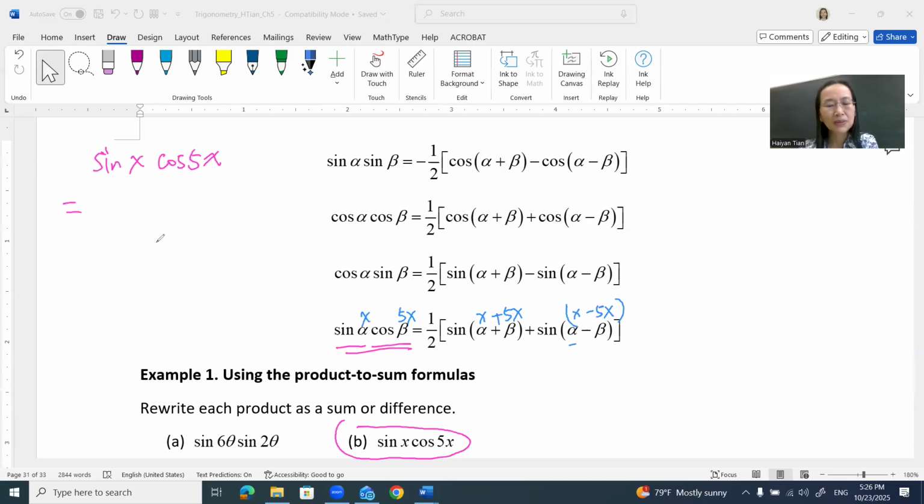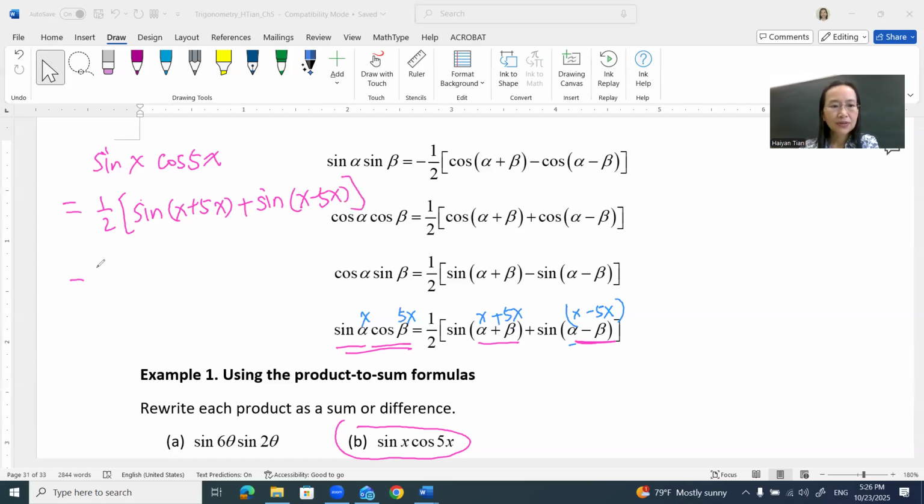Immediately we get this should be equal to half of sine of the sum of the two, x plus 5x, and plus sine of the difference of the two, which is x minus 5x.